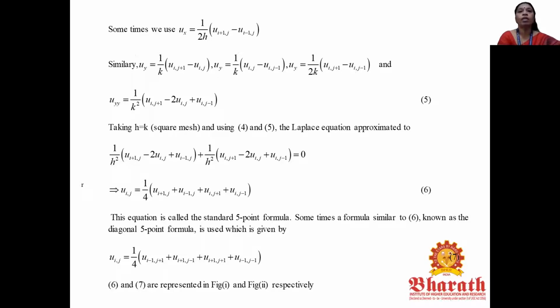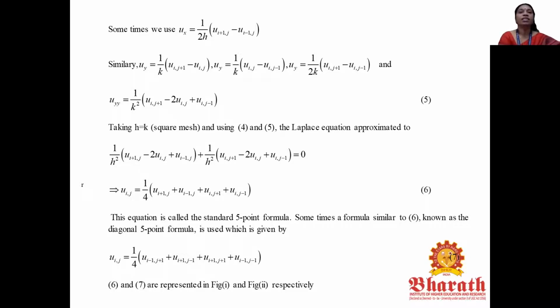So similarly, uy is equal to 1 by k into u of i comma j plus 1 minus u of i comma j, and uy is equal to 1 by k into u of i comma j minus u of i comma j minus 1, and uy is equal to 1 by 2k into u of i comma j plus 1 minus u of i comma j minus 1, and u double y is equal to 1 by k square into u of i comma j plus 1 minus 2 into u of i comma j plus u of i comma j minus 1. So this can be marked as equation number 4.